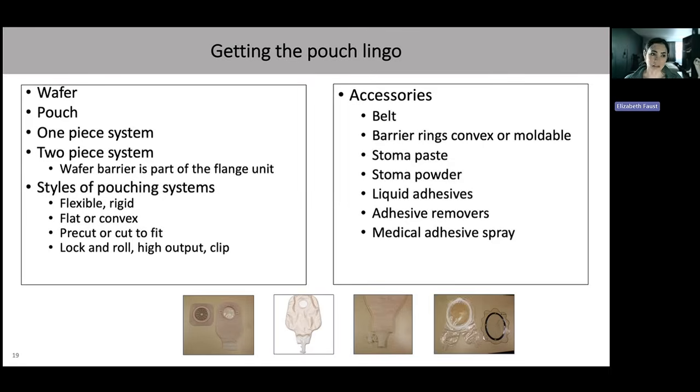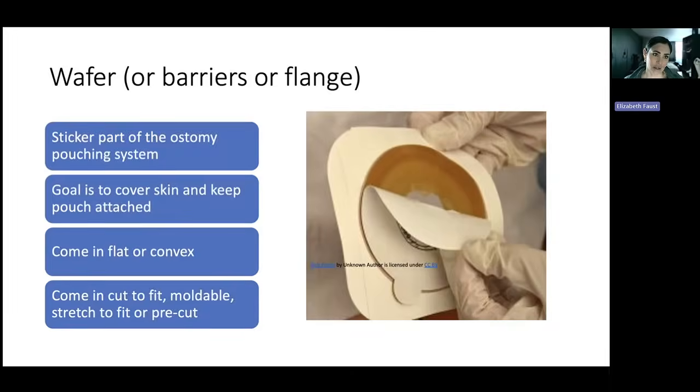The two-piece system is when you have to either click or stick the wafer and the pouch together. And again, I'll go through this a little bit more. Then you have flexible systems, rigid systems, flat, convex, pre-cut, cut to fit, lock and roll, high output, clip. Then there's all kinds of accessories. So let's dive into it a little bit more so that you can better understand it.